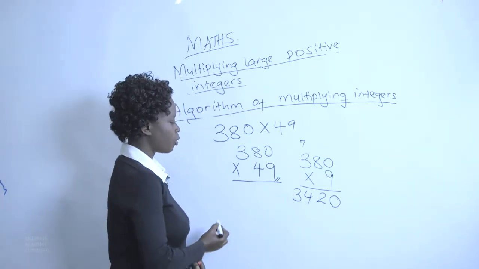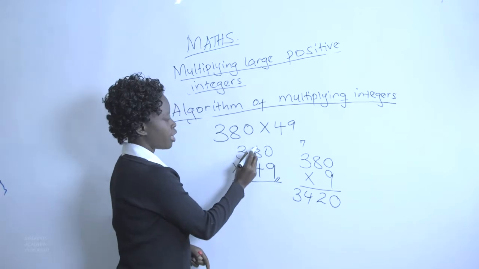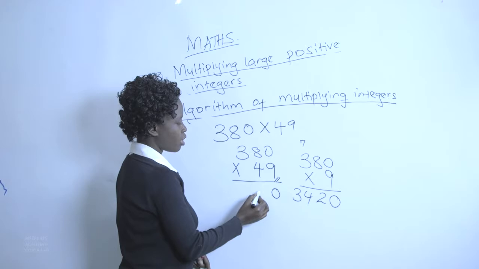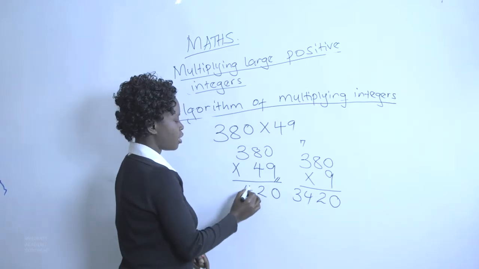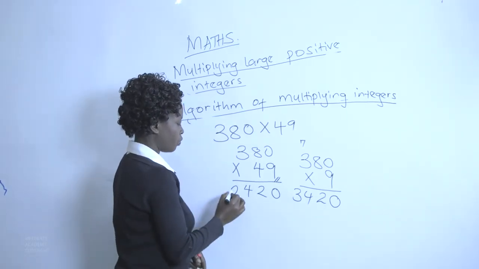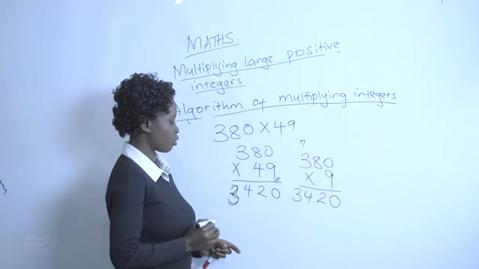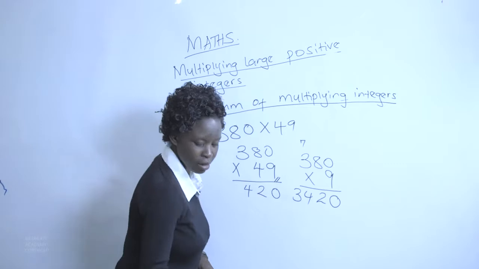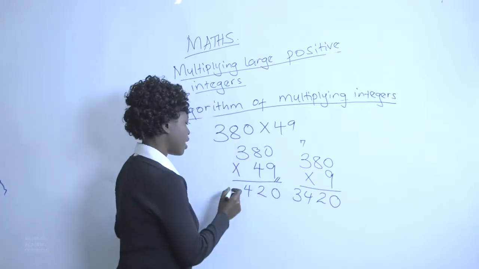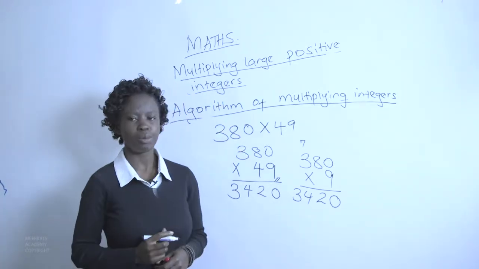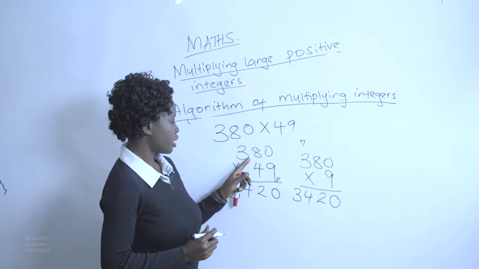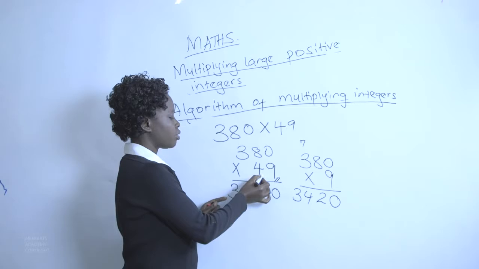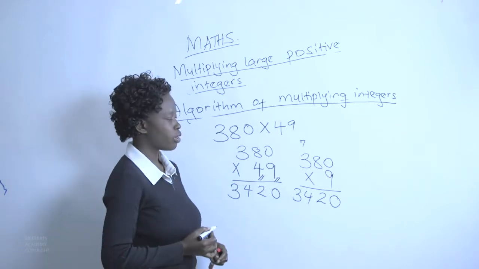So we come down and write that 380 times 9 is simply 3,420. So we have 3,420 as the answer that is obtained when we multiply 380 by 9. Then the next number that is in the tens place value is 4.